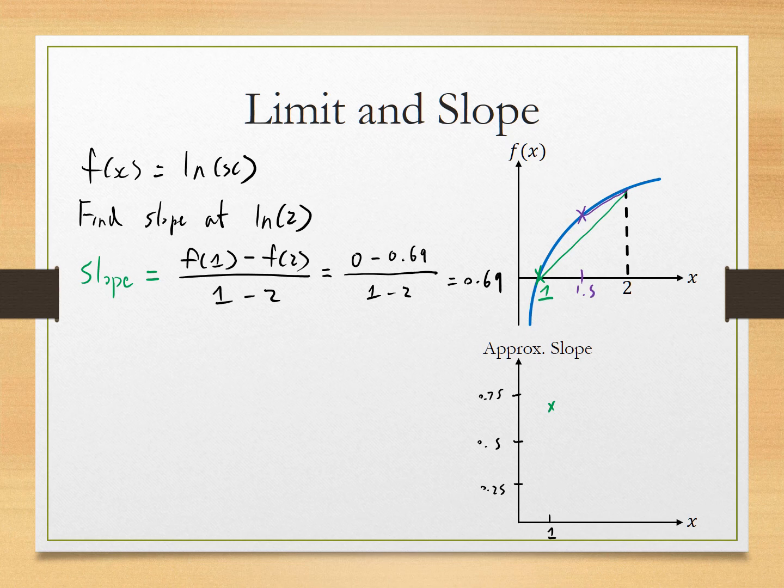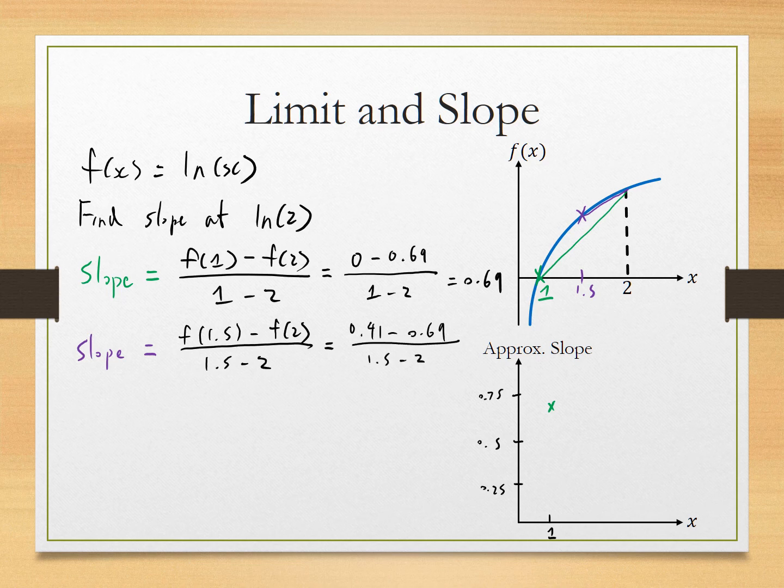So let's do that. Slope: F1.5 minus F2 over 1.5 minus 2. Once again, punch the calculator. Log 1.5 is 0.41 minus 0.69 over 1.5 minus 2.